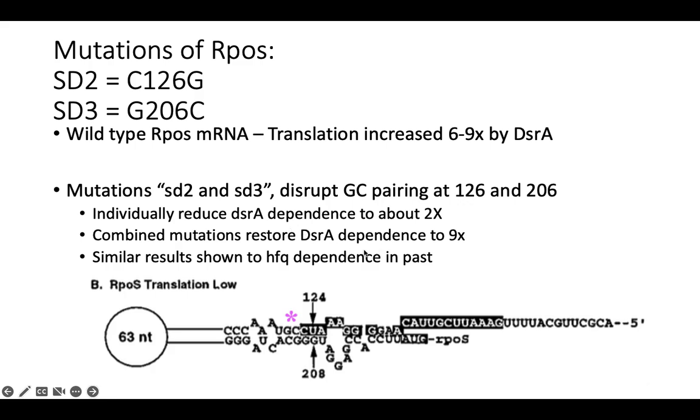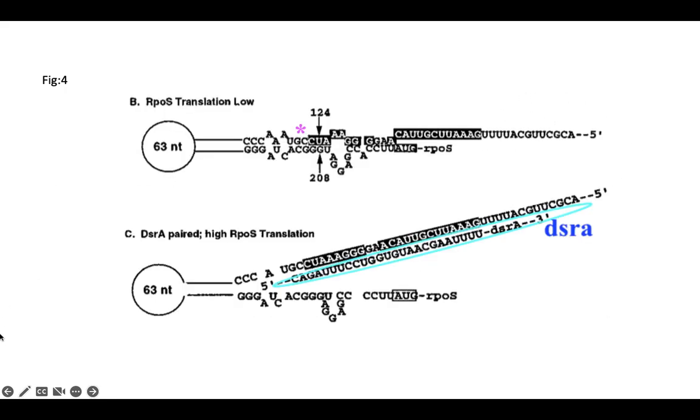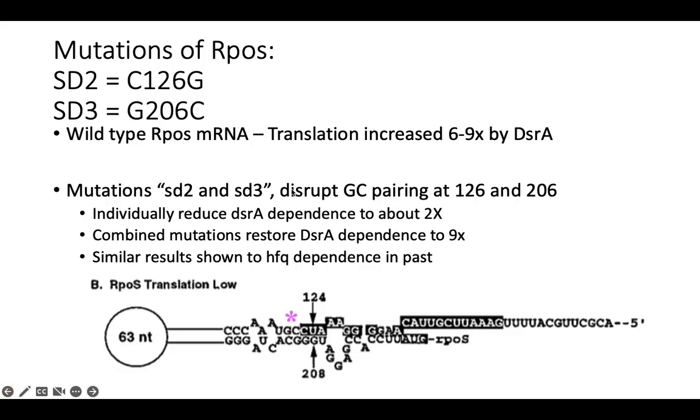And if we combine those two mutations, it restores the complementarity of those areas. It restores our DsrA dependence to 9 times, just like our wild type. And we've had similar results shown with Hfq dependence in the past.